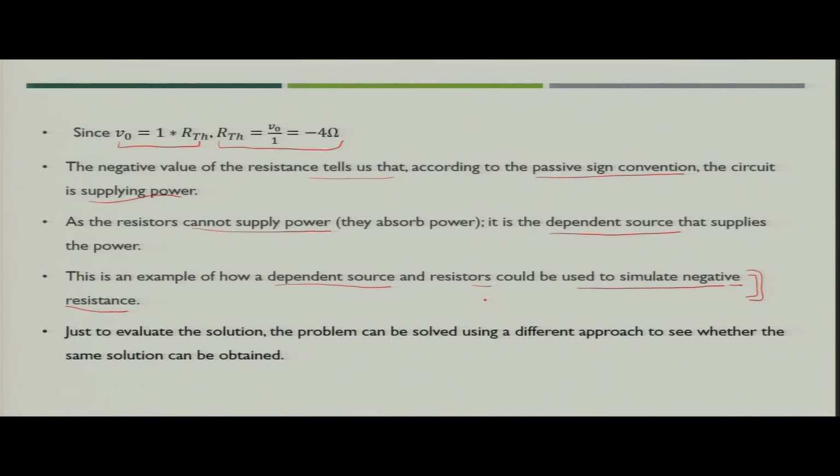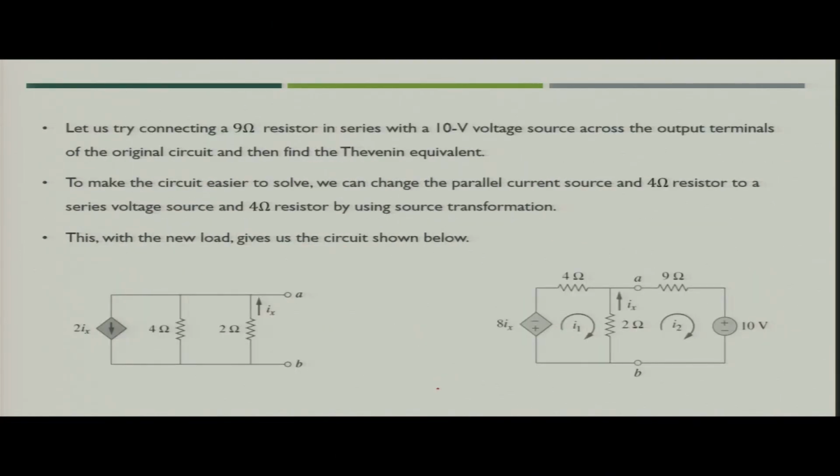Now, if you solve this problem using a different approach, whether the same solution would be obtained or not, let us see. Suppose we have a load of 9 ohm resistance and a 10 volt source connected across the terminal.